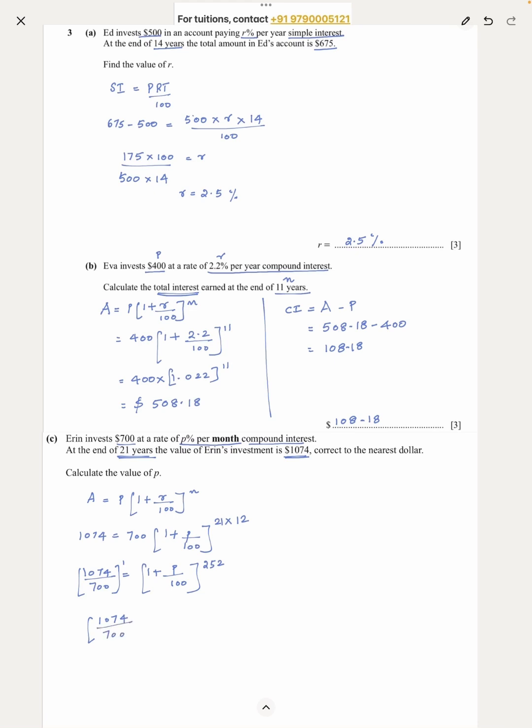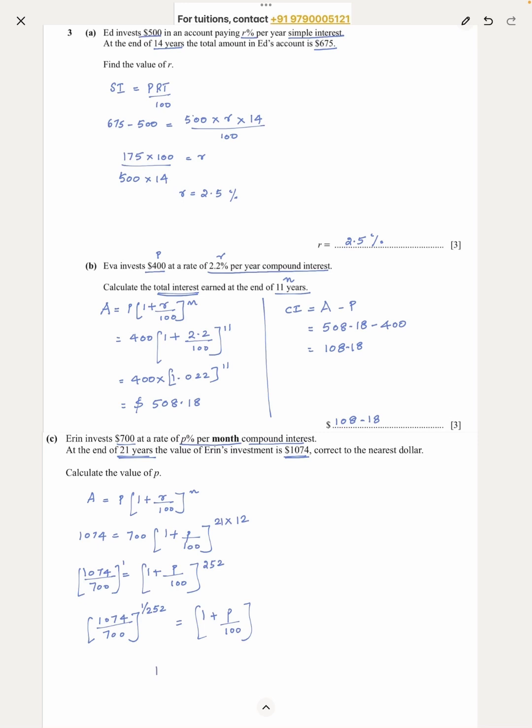This is just to get rid of the power on the right hand side. So left hand side will become power 1 by 252, and the right hand side the power will go off, because there also I am dividing it by 252, then the power becomes 1.